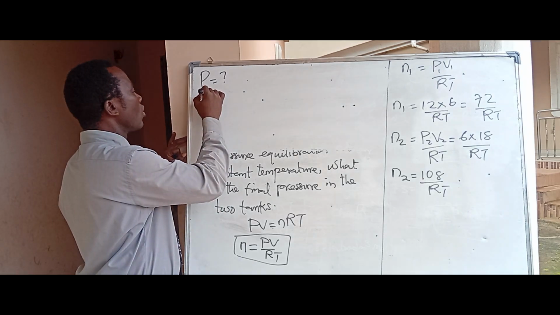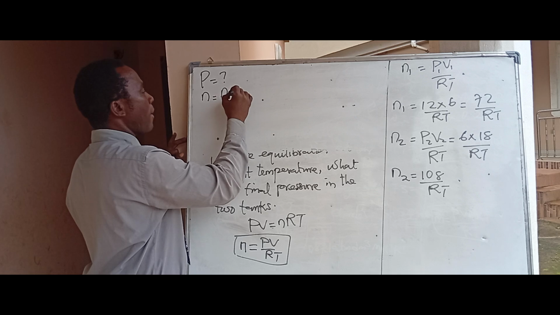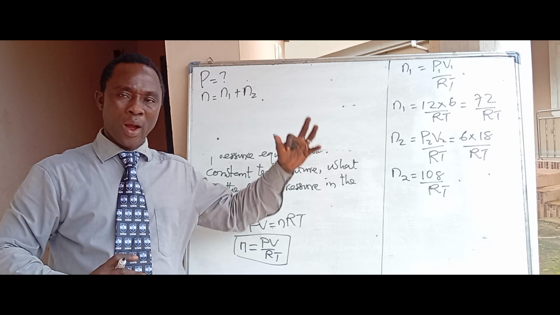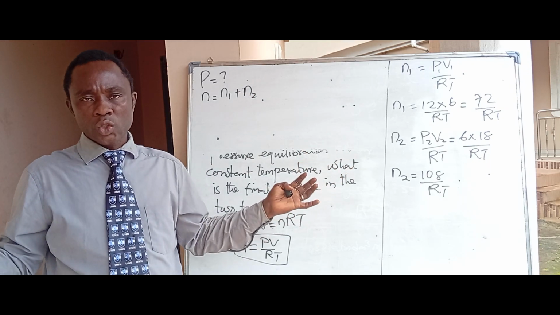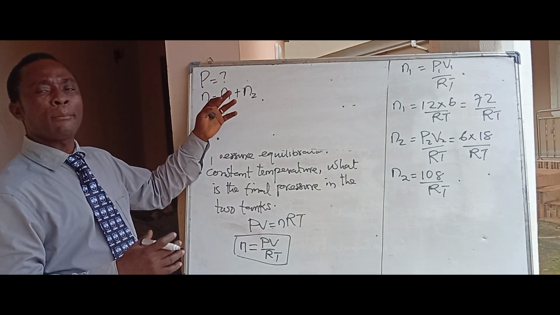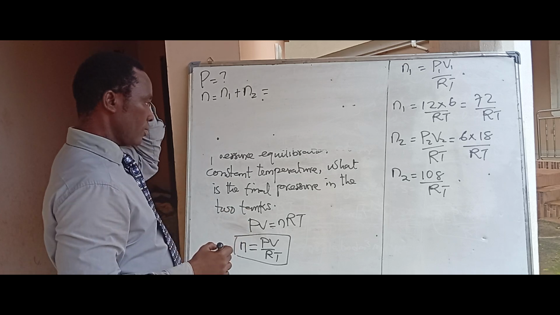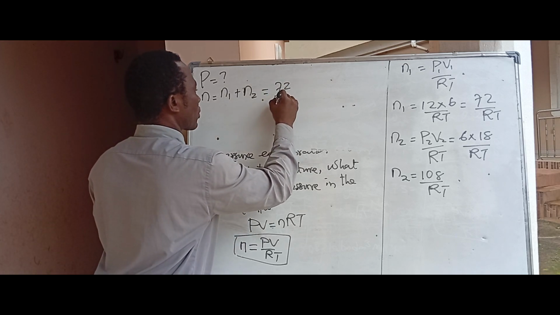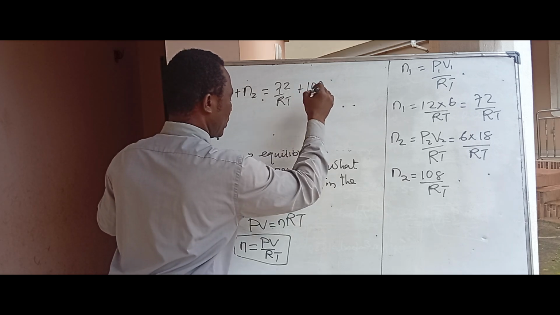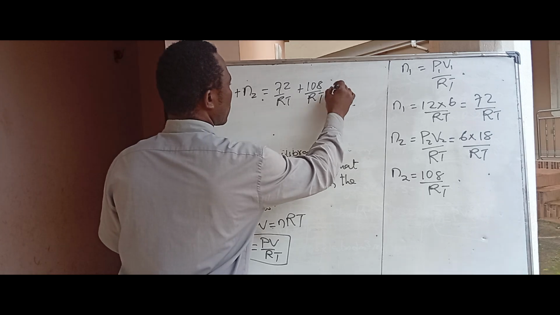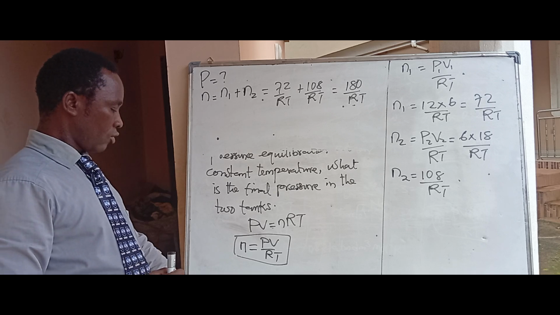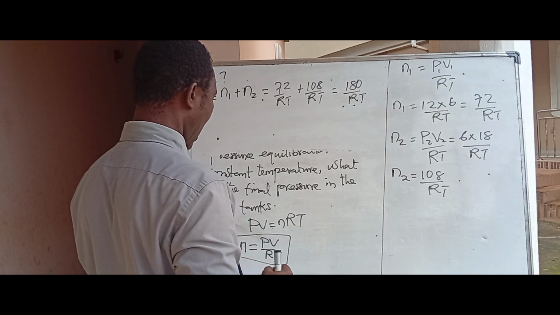The number of moles N becomes N1 plus N2, because you have mixed two gases, each with its own number of moles. So the total number of moles becomes N1 plus N2: 72 over RT plus 108 over RT, which gives 180 over RT.